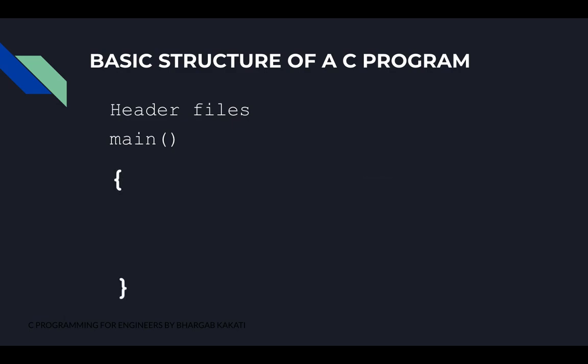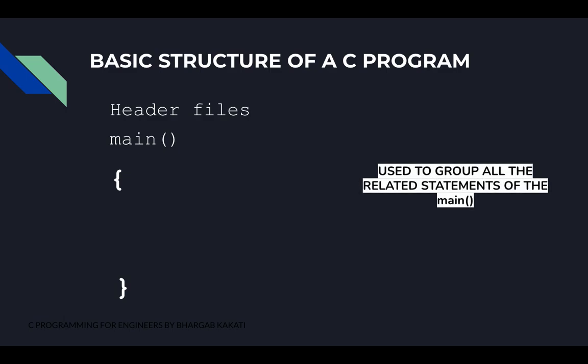After the main function, we need to enclose whatever statements or whatever instructions we need to give to the computer. In order to communicate with the computer, we need to enclose them within braces. So these braces are used to group all the related statements of the main function.